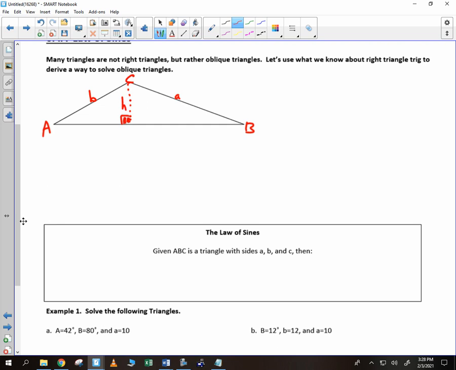And I'm going to write an expression for angle A. I'm going to say that the sine of angle A is equal to H over B. So think about that.